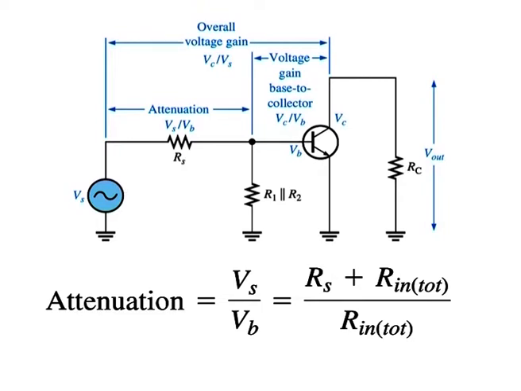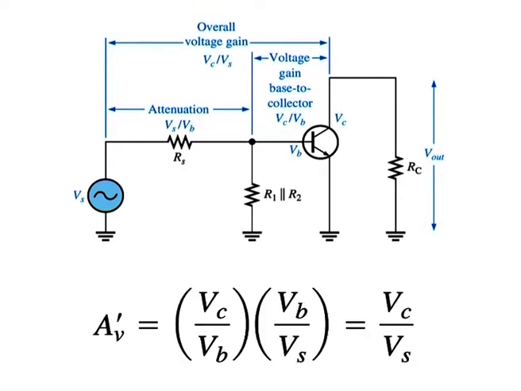The overall voltage gain of the amplifier, A'v, is the voltage gain from base to collector times the reciprocal of attenuation and is given by this equation. A'v is equal to Vc over Vb into Vb over Vs and is equal to Vc over Vs.